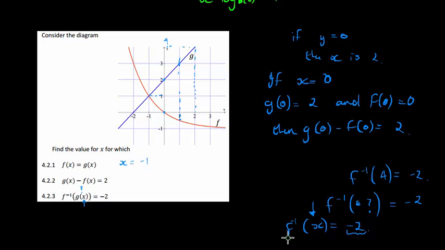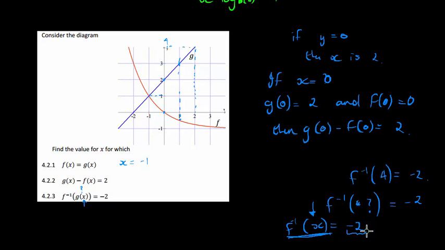So this is equal to negative 2. Is this the x value or the y value? If that in our original equation is y, that means now it's x. So if the answer is negative 2, I know the answer now.